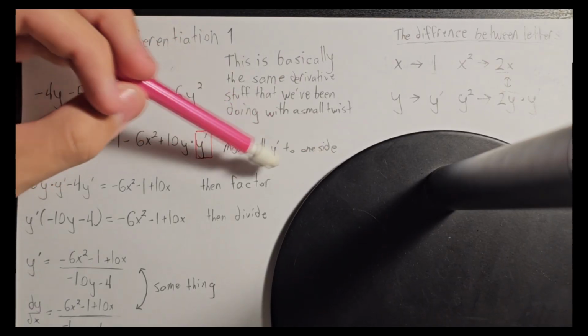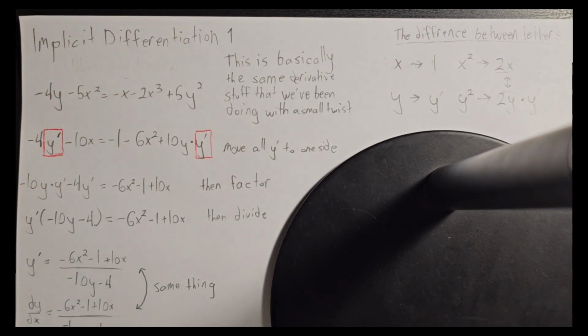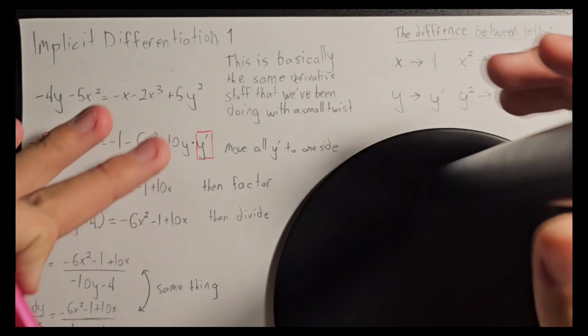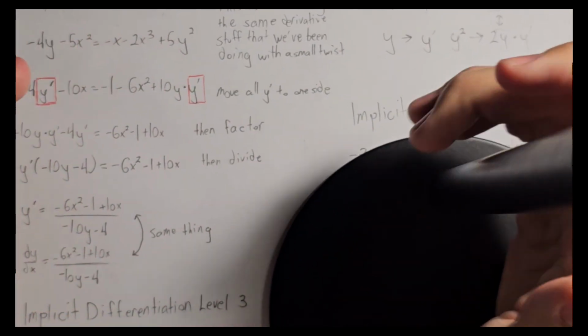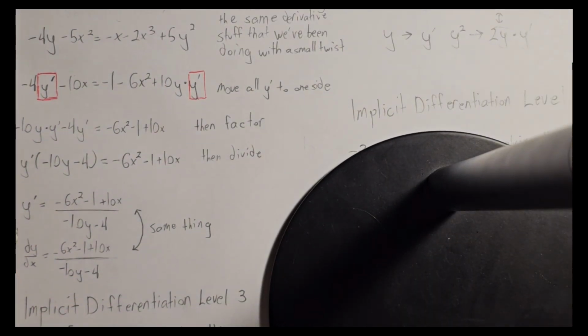Then you want to move all the y primes to one side. You can see I've done that right here. You want to factor all these y primes like I've done right here. And then you want to divide this number by this number right here. And you should get something like this. Now, on the delta math for this assignment, it has it as dy over dx, and that's the same thing that we had on the notability.